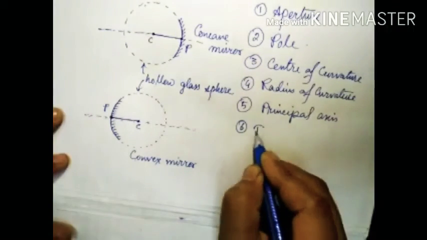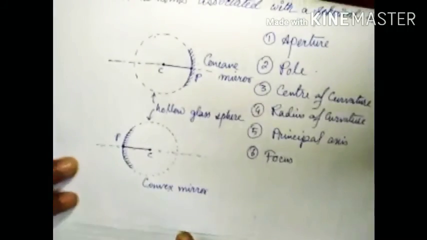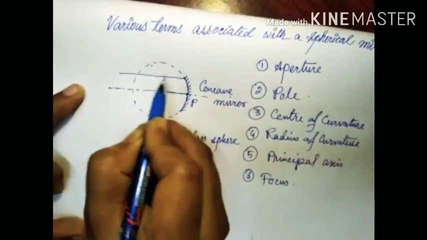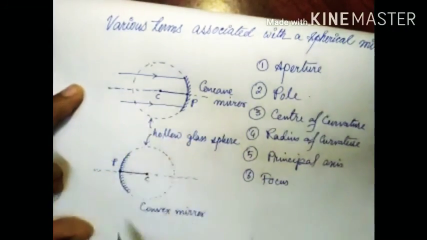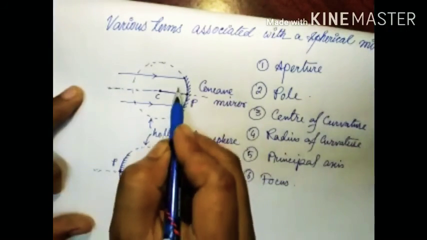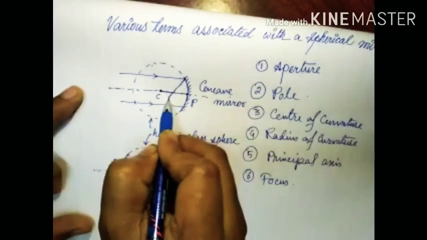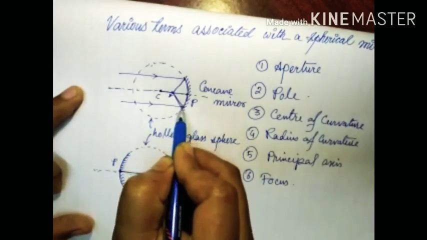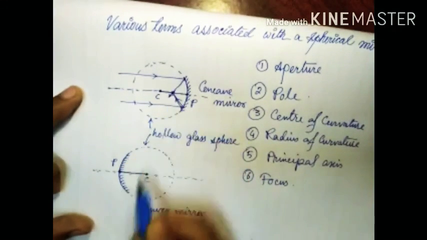Another one is focus, or focal point. Now see, this is the incident ray which is parallel to the principal axis. Now these rays, after reflection from the concave mirror, will pass through some point, like this point.